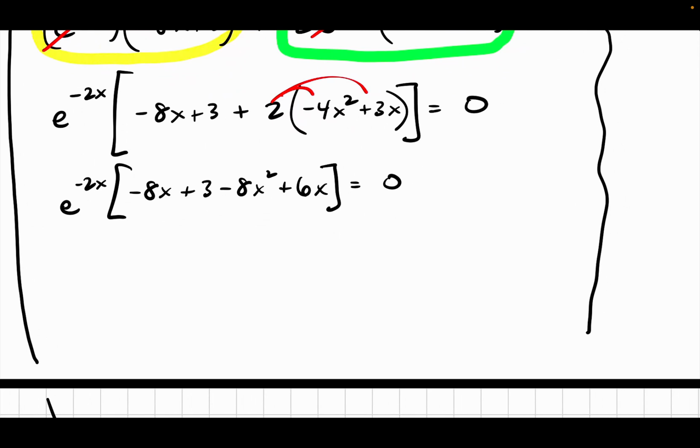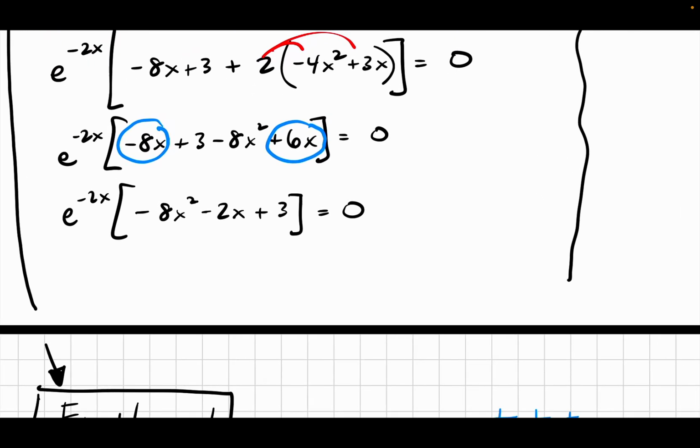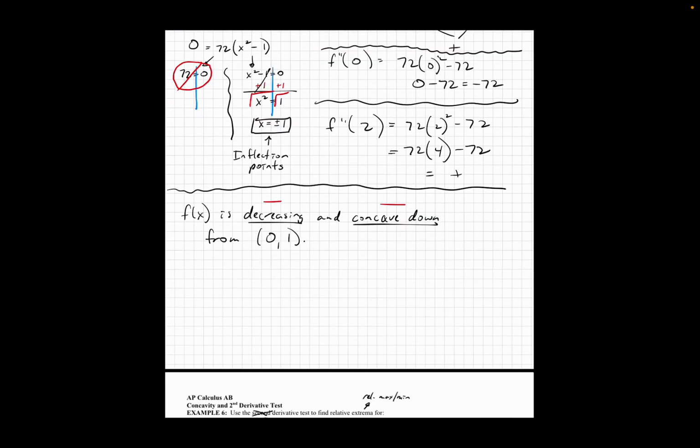Combine like terms. I'm going to get negative 8x squared minus 2x plus 3 equals 0. Okay, so now I've got to continue.